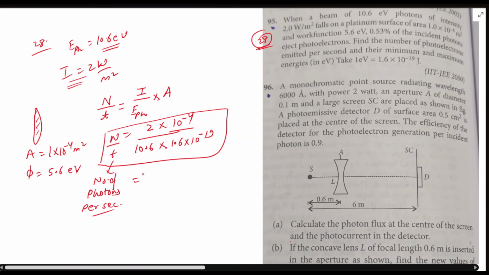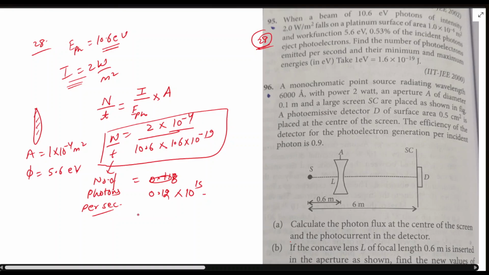Let's calculate this really fast. I'm going to use the calculator again. 2 divided by 10.6 divided by 1.6, so we will get 0.1179, let's make it 0.12 into 10 to the power plus 15.